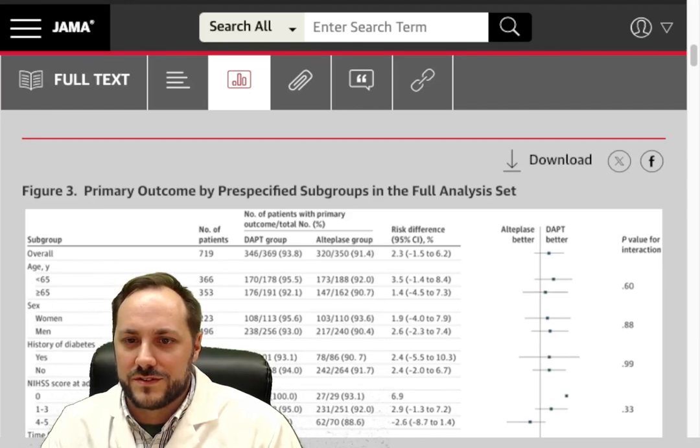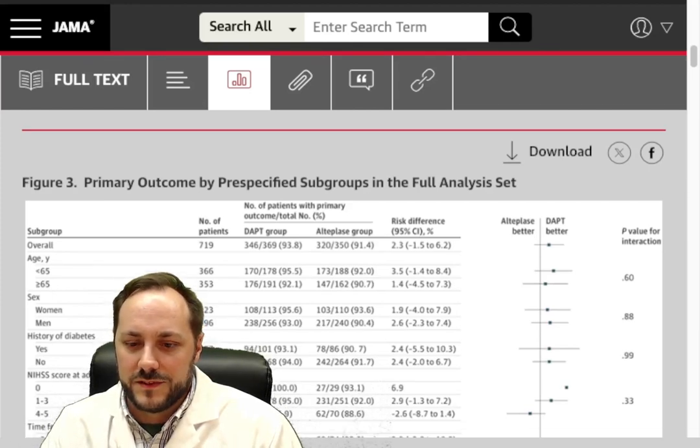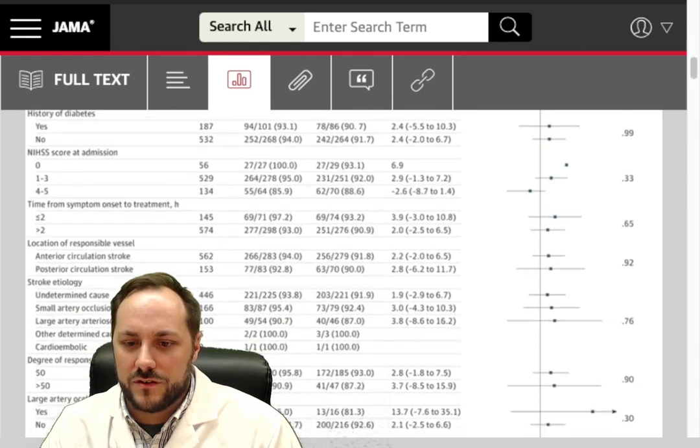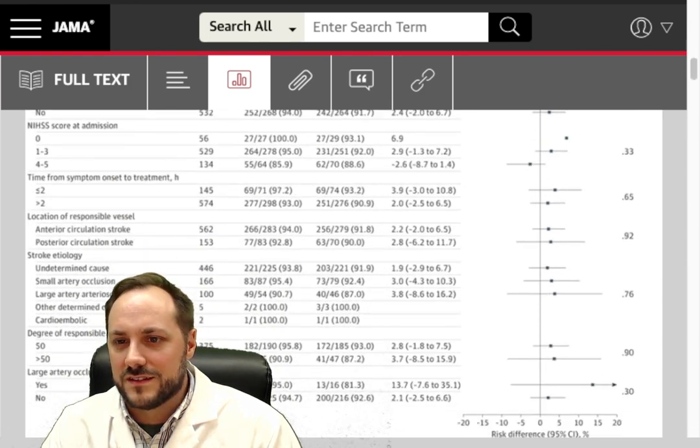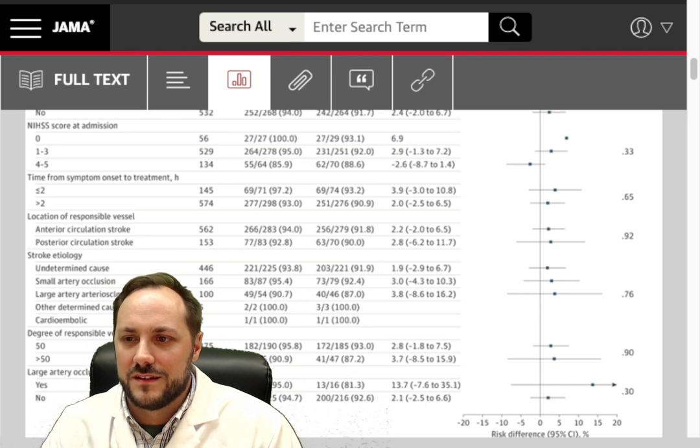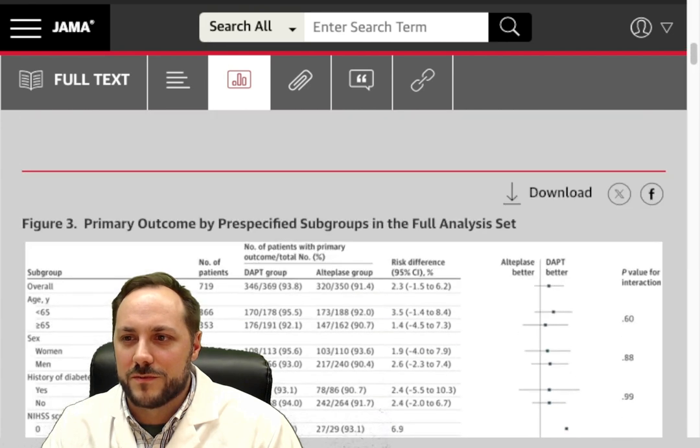Okay, so here are the results in the trial. Now, what you're seeing is these little black boxes are the result, and the horizontal bar is the 95% confidence interval.